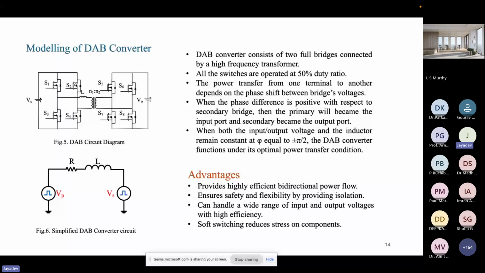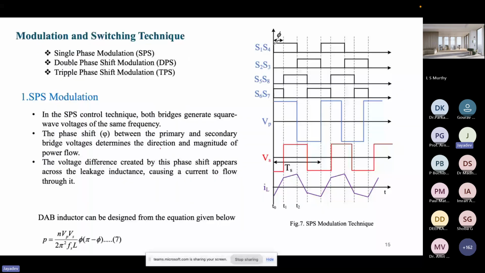All the bridges are the same. In the single phase shift modulation technique, S1 and S4 turn on at this point, but after some phase shift angle phi, we signal S5 and S8, so there is a phase difference.